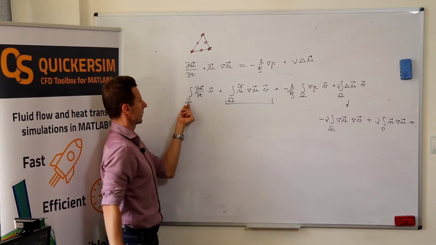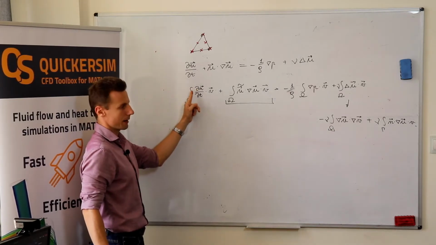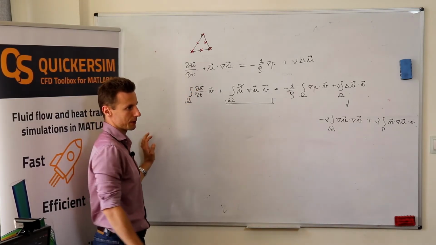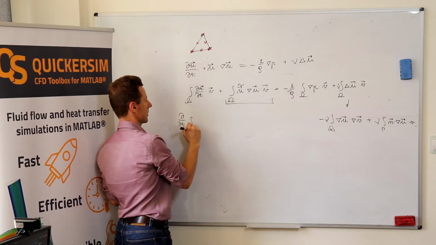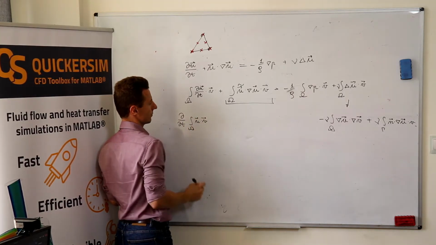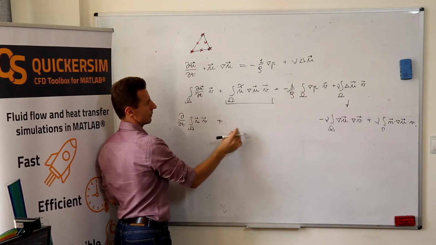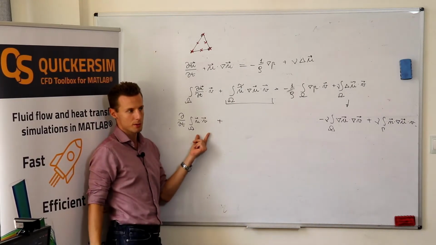The domain of integration is constant in time, so we can take the derivative out of the integration. We've got d dt, plus, here nothing changes. What will this produce?